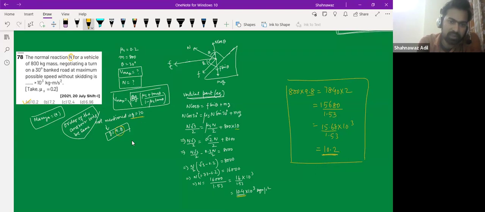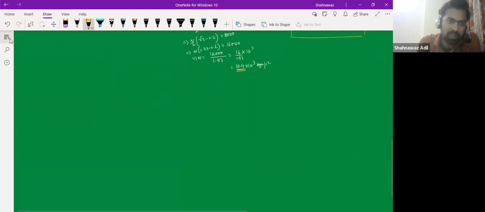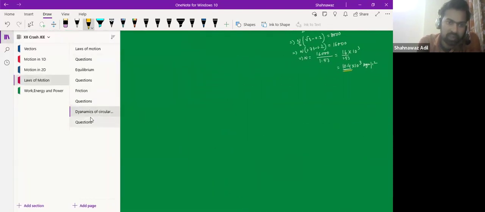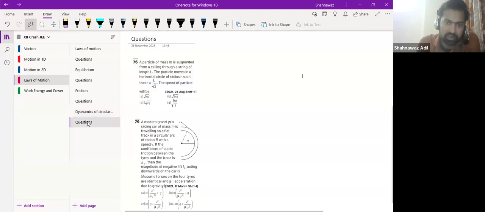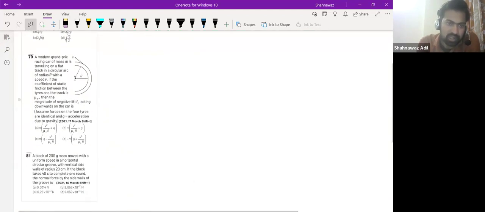Okay, so now let us do another question, right? And that is based on this dynamics of circular motion. So, okay, let's do that question first. And then we'll do this question. So this question is very easy, right? You guys can write.